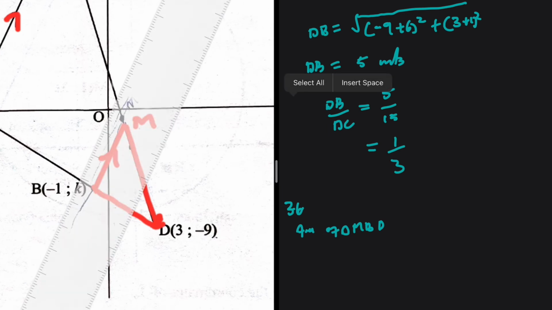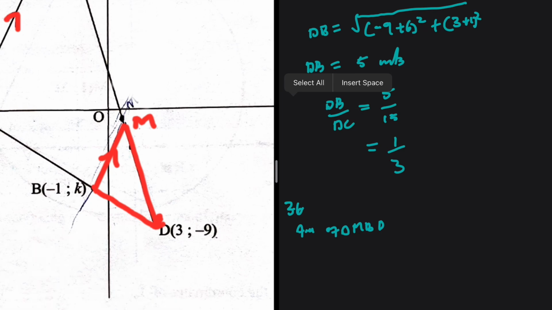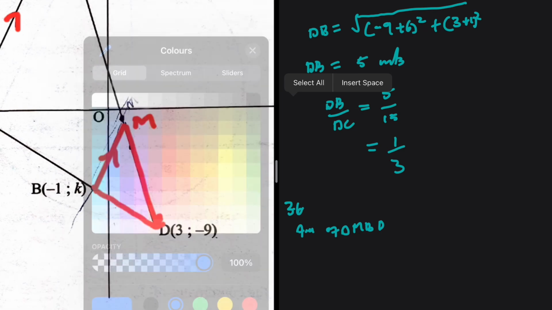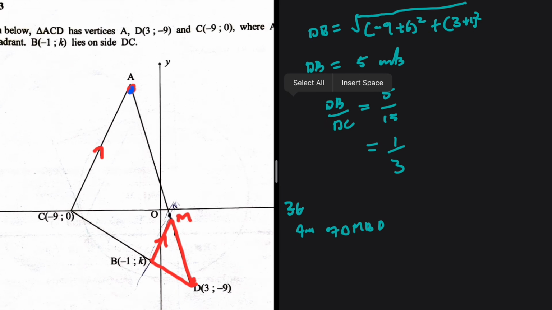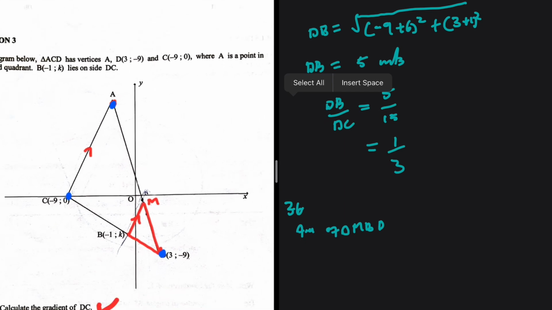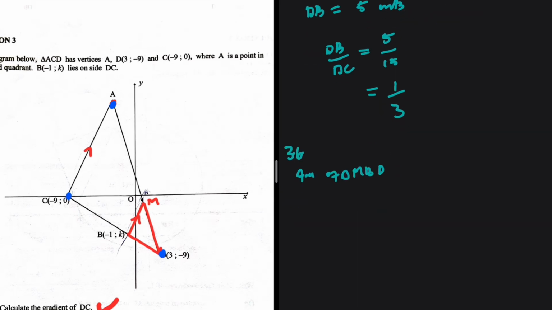Let me change the color and take a look at the other triangle. The other triangle that we're interested in is triangle ACD. We have two triangles here, and then MB is parallel to AC, and we want to find the ratio of the triangles.